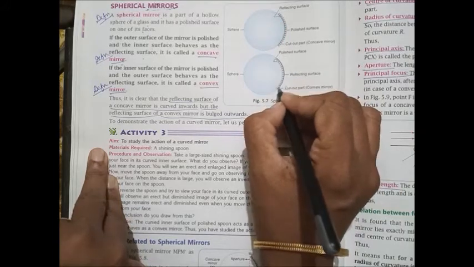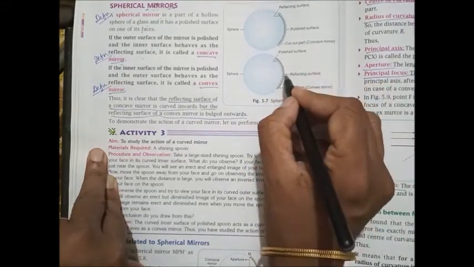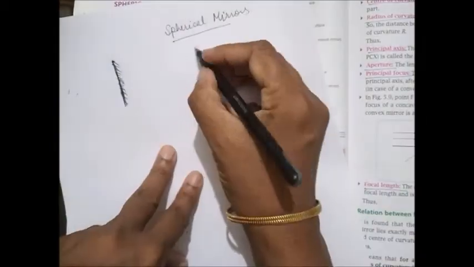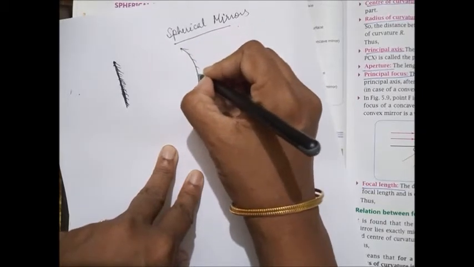Now, wherever the reflecting face is, in front of that you have to stand. If I stand in front of this side, I'll see an image. For example, this is a spherical mirror, a concave mirror.